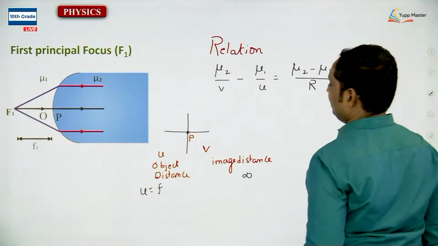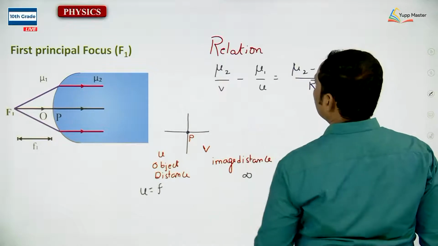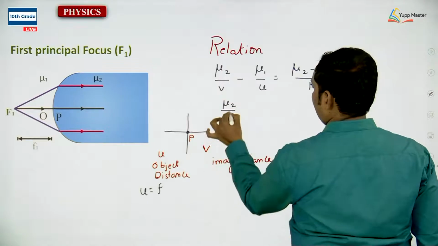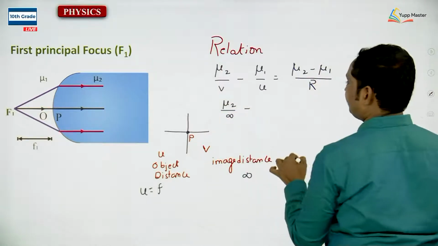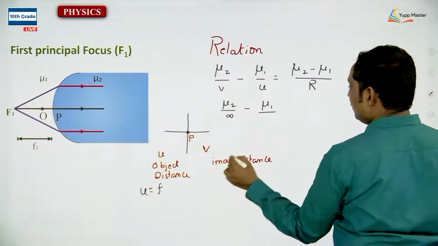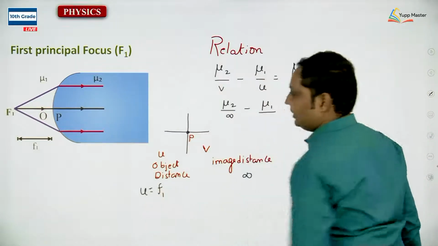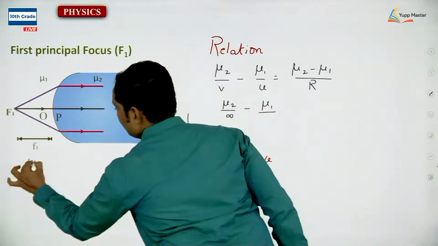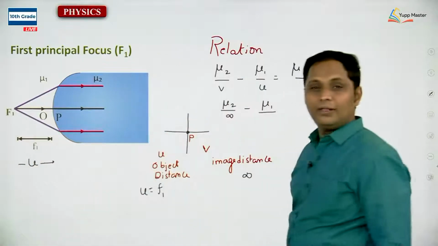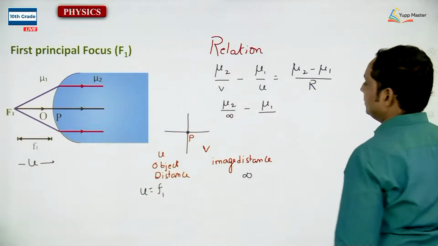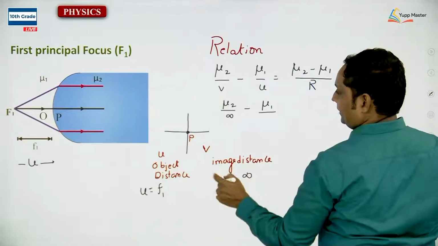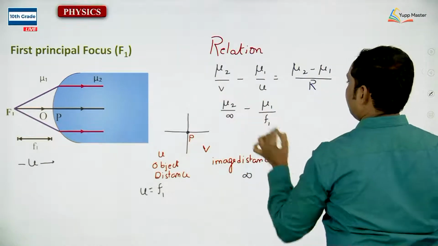We are going to know about this one, right. Then you can get this: mu2 by infinity, minus mu1 by u, and what is u? f1. Please take that f1. Now you can substitute here. It is very important, that is f1, right.